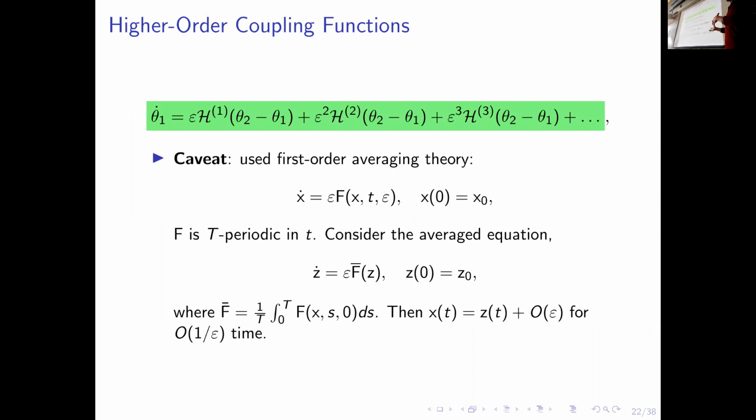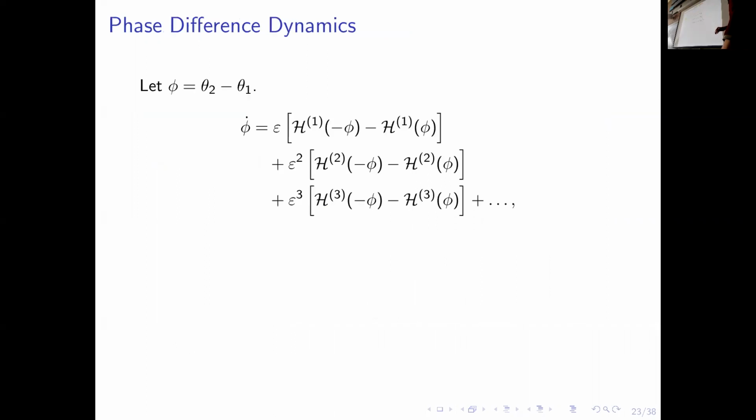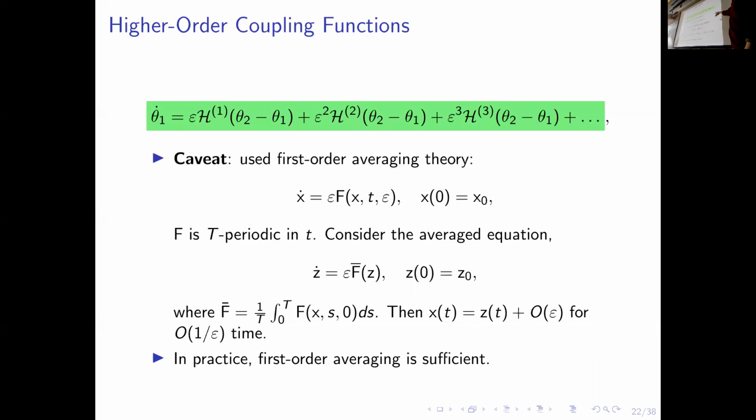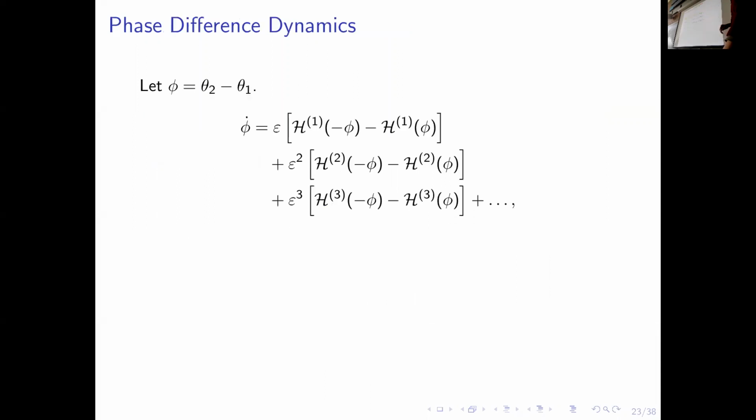For epsilon too large, we would have to think about other methods. Maybe there are off-the-shelf methods for higher-level averaging that we can use if we have to.